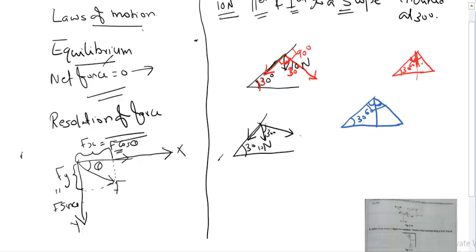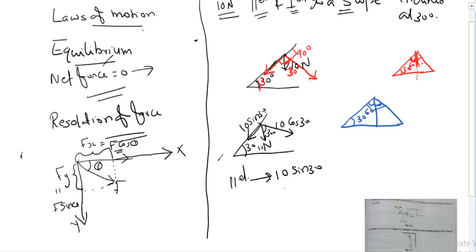The component which is next to theta will be the cos component. So it will be 10 cos 30, and this will be 10 sin 30. So the parallel component we can represent as 10 sin 30.